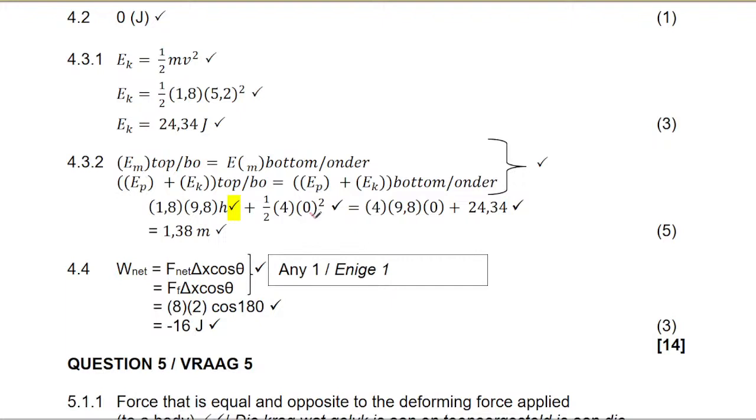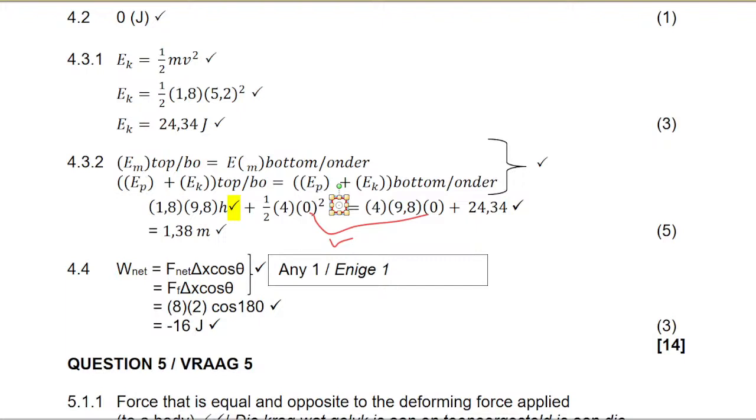So this 1 mark can either be on half 4 multiplied by 0, or on 4 multiplied by 9.8 times 0. One of the zeros must be there for that learner to get that mark. If by chance your learners are not used to writing the 0 and all that, they are going to forfeit 1 mark in this problem. They have to show those zeros all the time.